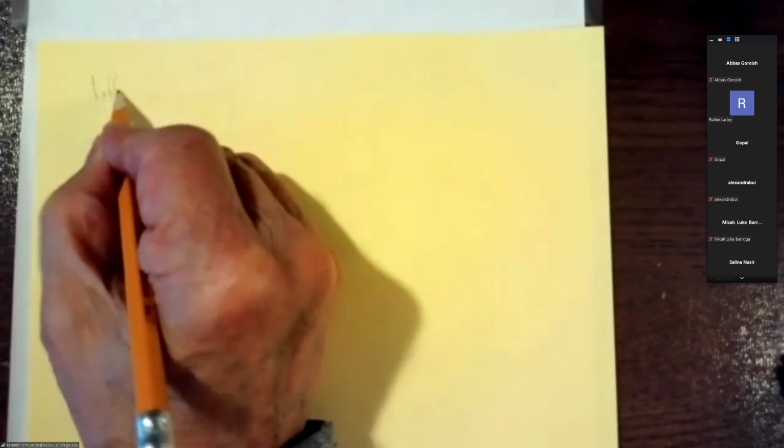Am I looking at the wrong one? Here's 110, number 41.